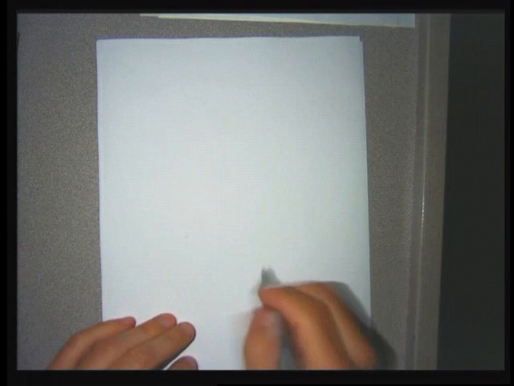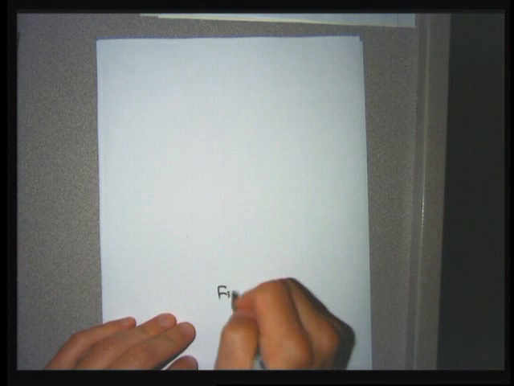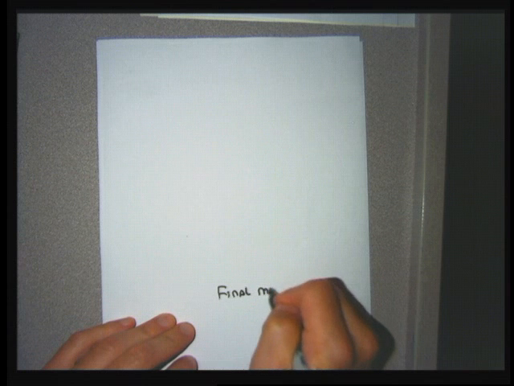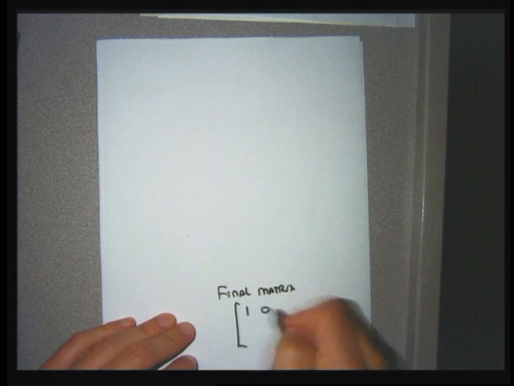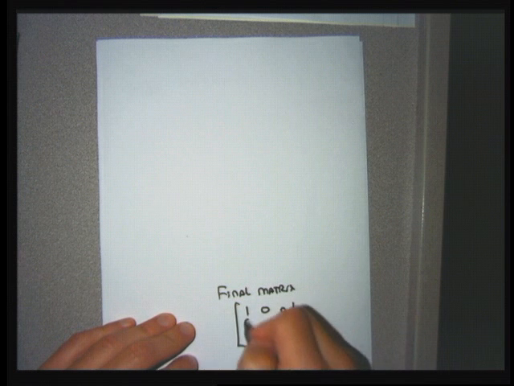Problem 10 is also a grungy problem that will take me multiple sheets of paper. Ultimately, I'm going to write down a final matrix on my second sheet of paper. Hopefully, it starts to look like this.